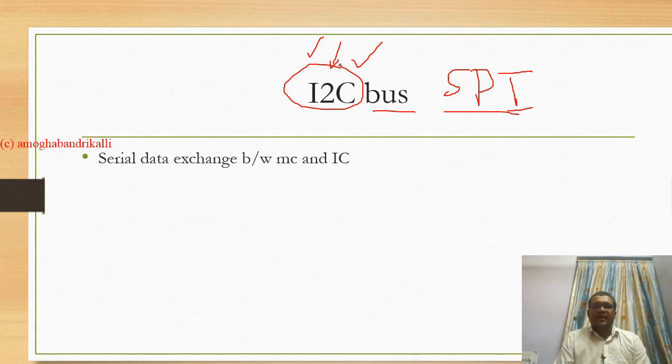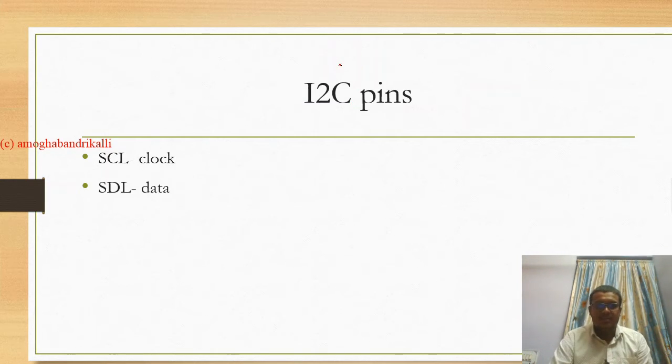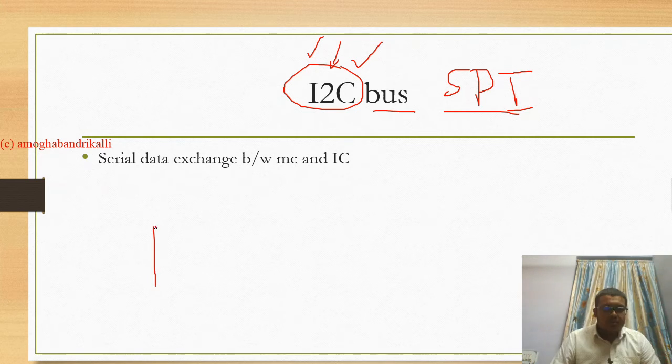To connect the two microcontrollers, you use two connectors, or two lines. One is for the clock signal, for synchronizing both transmitter and receiver, and the other is for transmitting the data. Here it is used to control the slave devices.